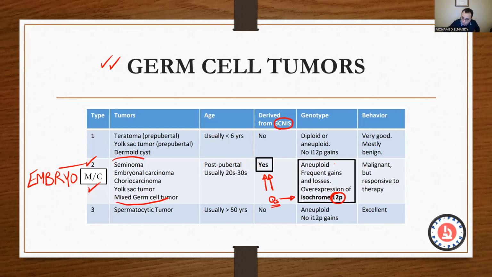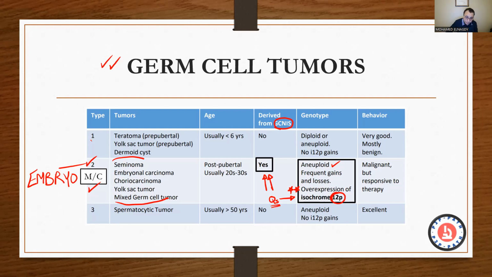It's associated with a lot of aneuploidy, frequent gains and losses of some chromosomes, but the most key genetic signature is the overexpression of isochromosome 12p. So type 2 is associated with isochromosome 12p.